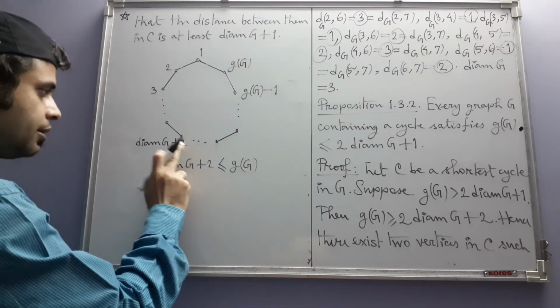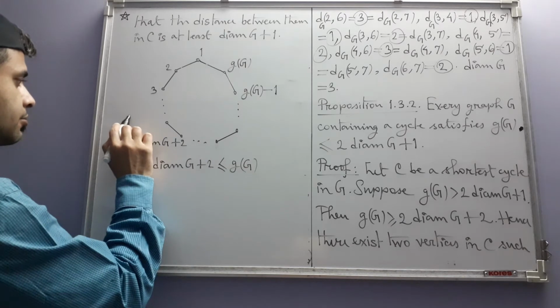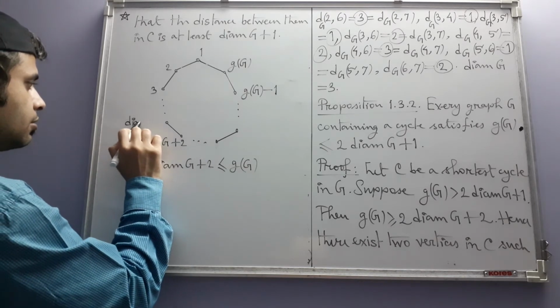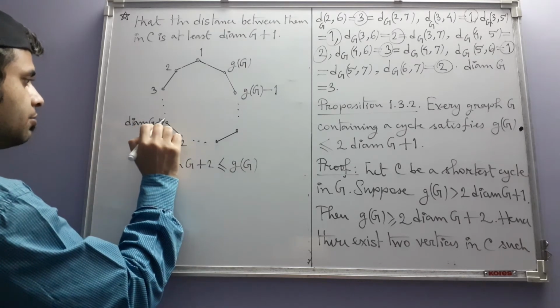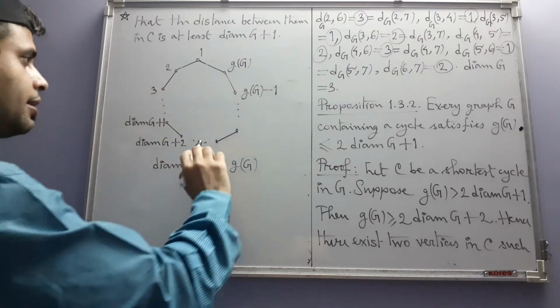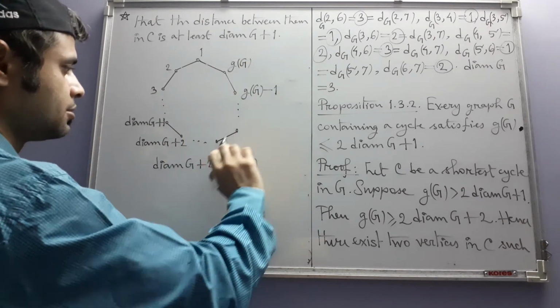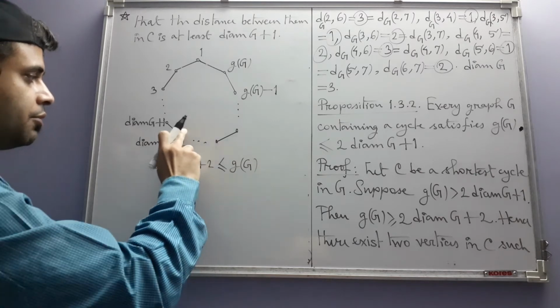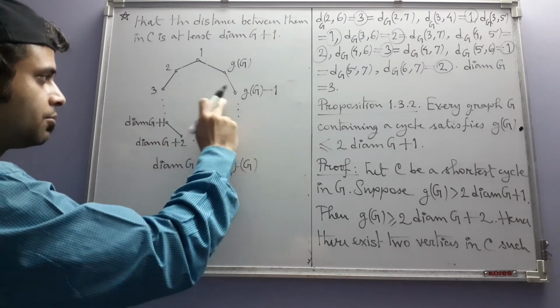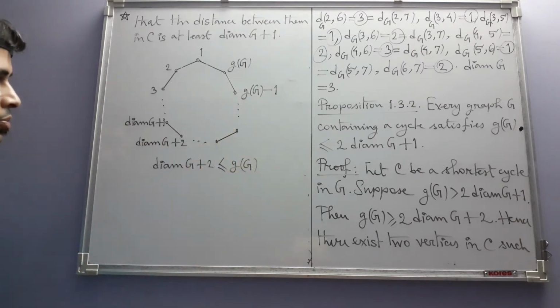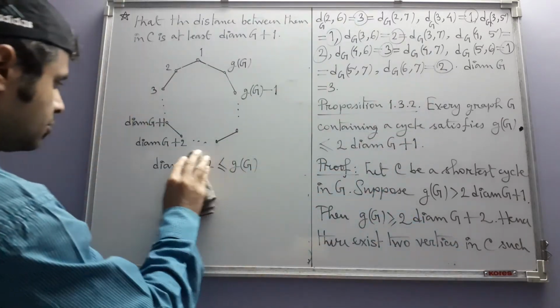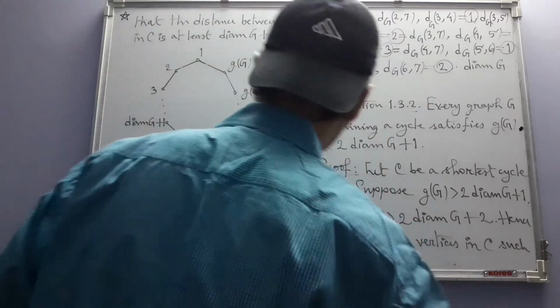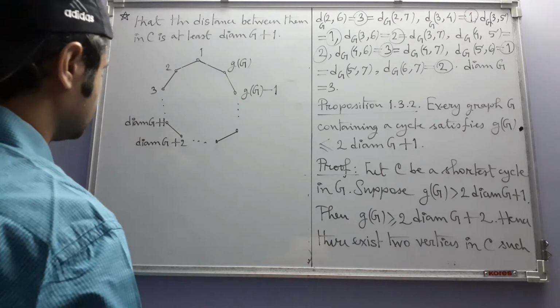So we will get a point like this, and the previous point will get this label, and then it will go with arbitrary points in between. I mean, we could have just simply put 3 dots here itself. So such a vertex exists.